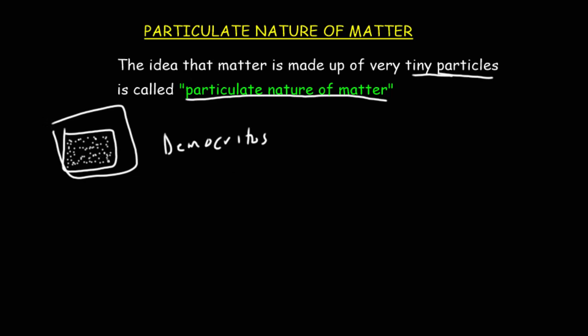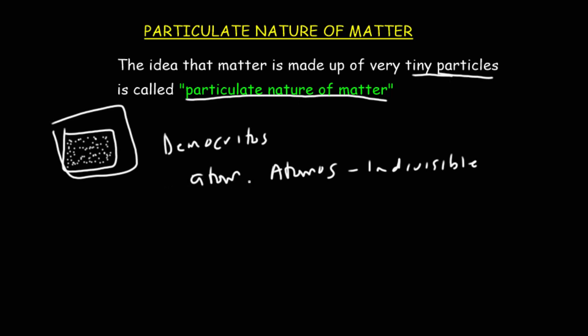And per his study, realized that these tiny particles which matter is composed of is actually the atom, from the Greek word atomos, which means indivisible. So Democritus in the early 500 BC was able to come up with the fact that the tiny particles which matter contains are actually atoms.